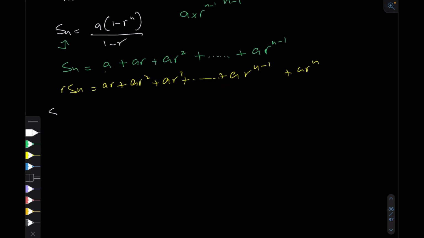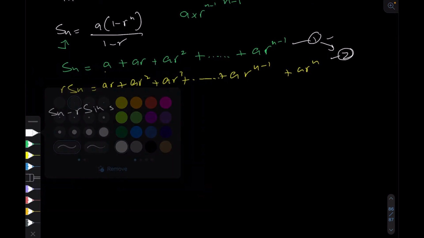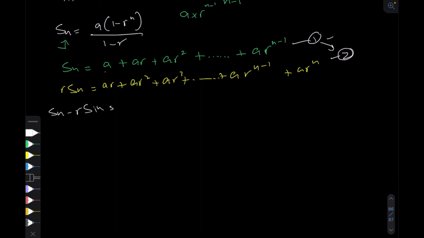So if I do Sn minus r times Sn, essentially this is 1, this is 2, and I'm subtracting 2 from 1. Here again, I can pair such that the terms cancel out.